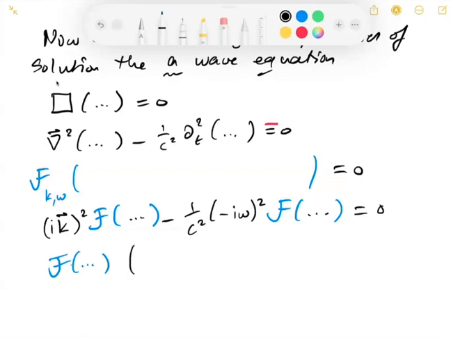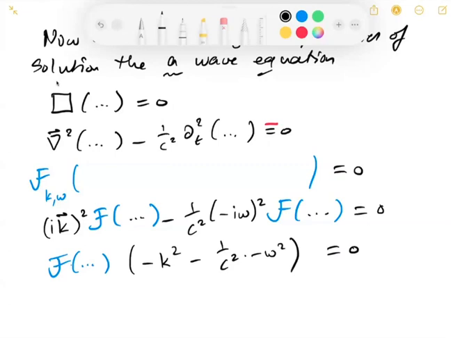And of course, i squared is minus 1, so that becomes minus k squared. Of course, k vector dotted with itself is just k squared, length squared, kind of by definition. Okay, minus 1 over c squared, and this times minus omega squared is equal to 0.